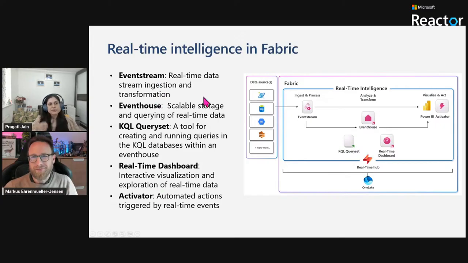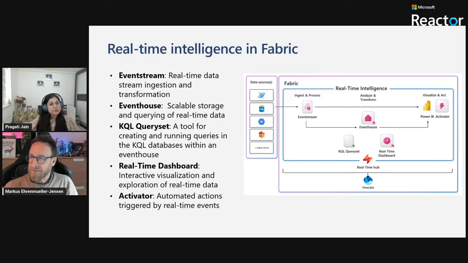When we talk about event stream, consider event stream as a real-time data ingestion process that will consume real-time data from a data source. There could be any data source, because there are so many different data sources supported in the Microsoft Fabric environment where you can ingest and transform your data.